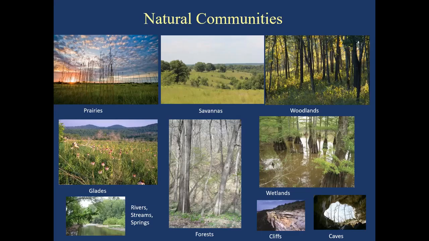In Missouri, repeating patterns of native plants, animals, soils, geology, topography, regional climate, and hydrology are called natural communities. We have 9 major natural community groups, including prairies, savannas, woodlands, glades, forests, wetlands, cliffs, caves, and aquatic features, including rivers, streams, and springs.